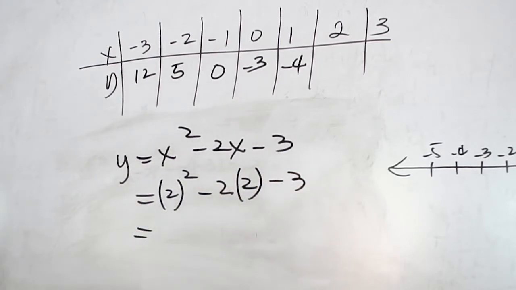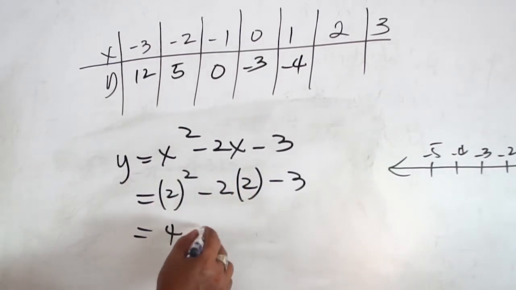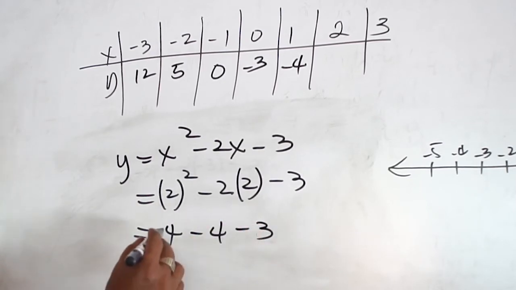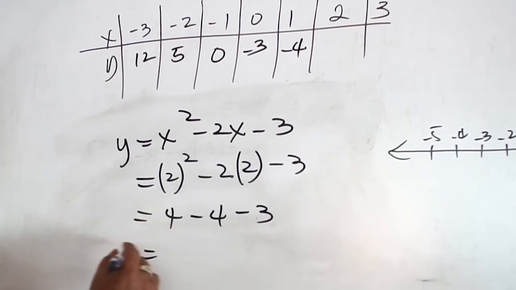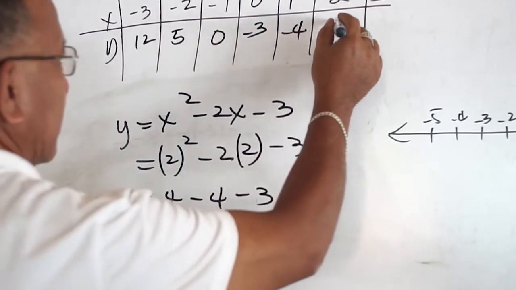The square of 2 is 4. Then 2 times negative 2 is negative 4. Then negative 3. Positive 4 and negative 4 gives 0. Then we have the value of y equal to negative 3.